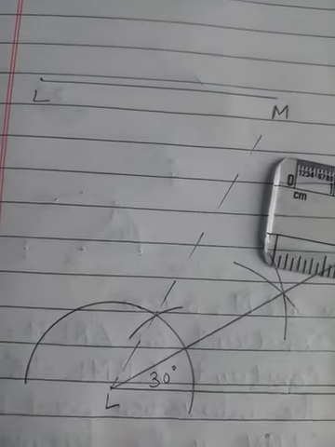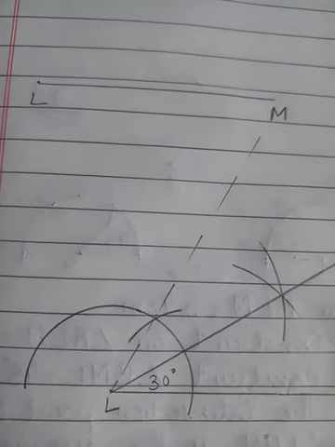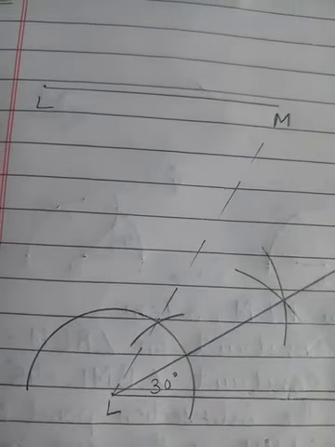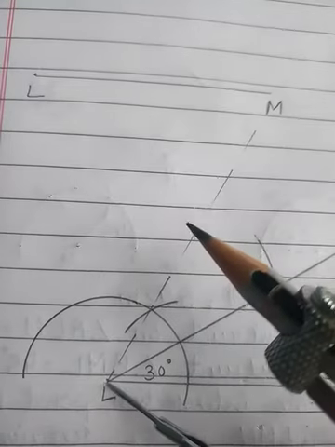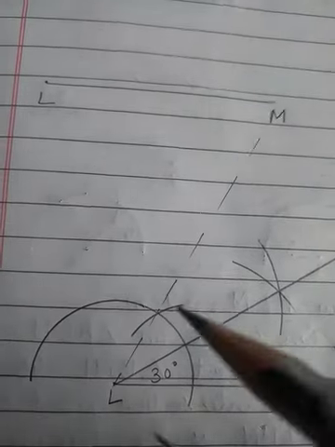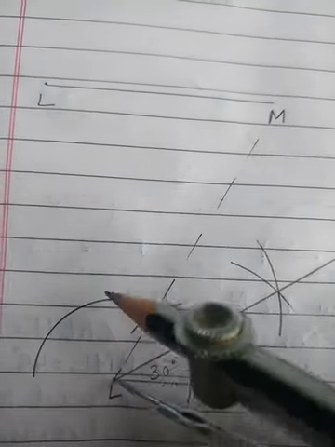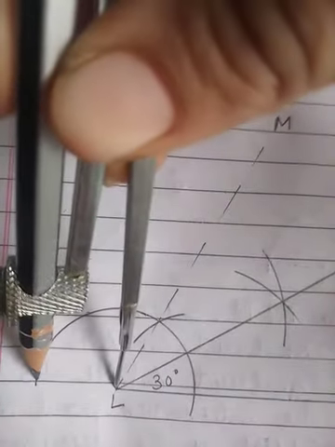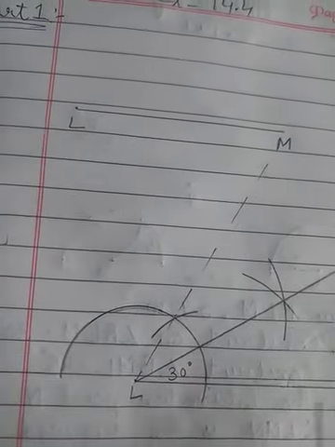Beta, for the construction of a 30 degree angle, first of all we should have the angle of 60 degree. For it, by taking L as a center point, we need to mark an arc which will intersect the baseline. We mark an arc like this, which intersects at this point.